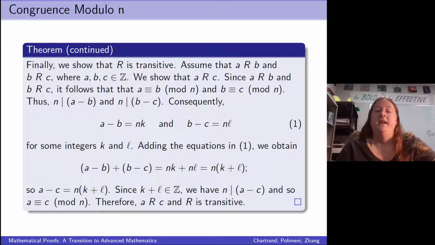And when we add a minus b plus b minus c, we get a minus c. So we have a minus c equals n times the quantity k plus l. Since k plus l is an integer, then we have n divides the quantity a minus c. So a is congruent to c mod n, and our relation is transitive.